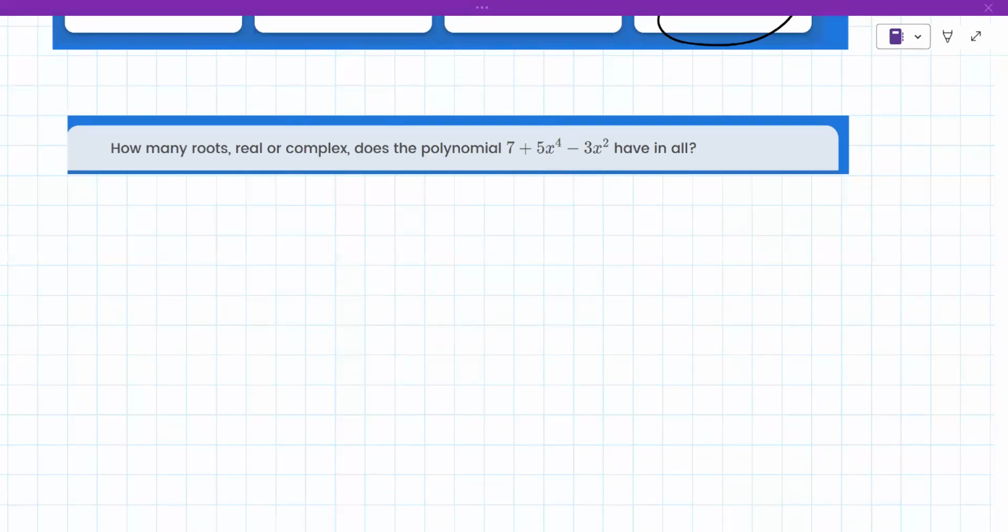Oh my God, I have to solve this. So you just put this into Desmos, the graphing calculator.